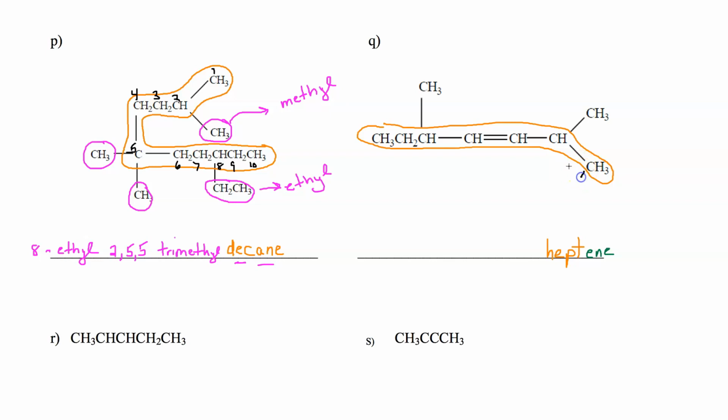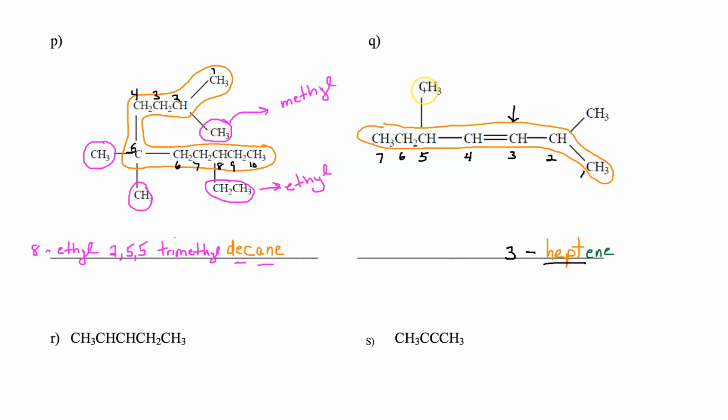So this is 1, 2, 3, 4, 5, 6, 7. That, of course, is where I get my hept from. The ene is right here. And so when I count this way, this gives me a 3-heptene. This number is telling me the ene, the double bond, starts at the third carbon.